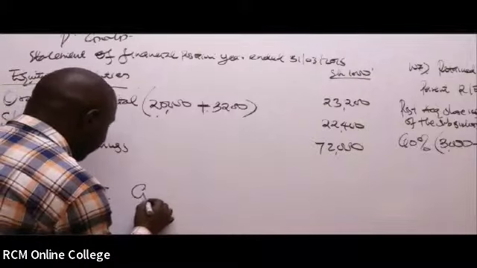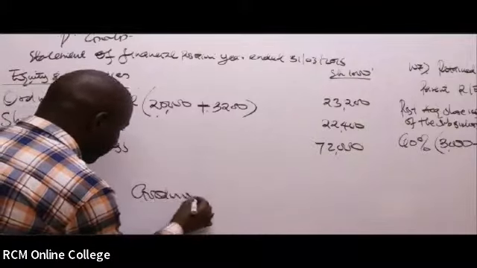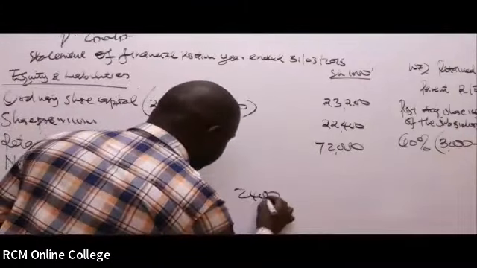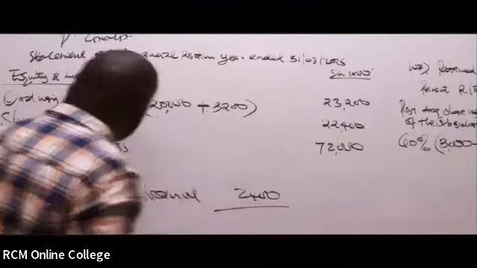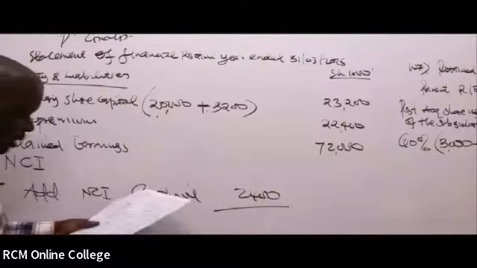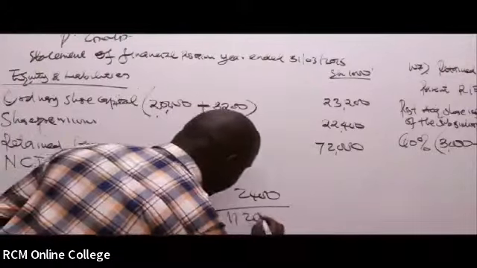The NCI goodwill which you've actually been given is 2,400,000. Remember this one is like an asset that they will likely end up controlling. So it will be 8,800 plus 2,400,000. You'll get 11,200,000.